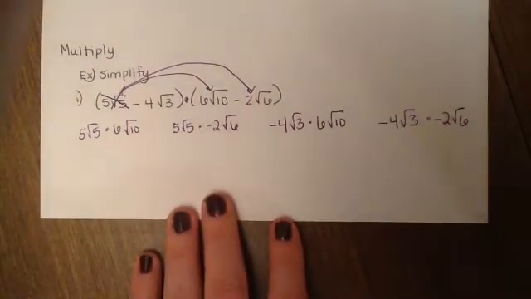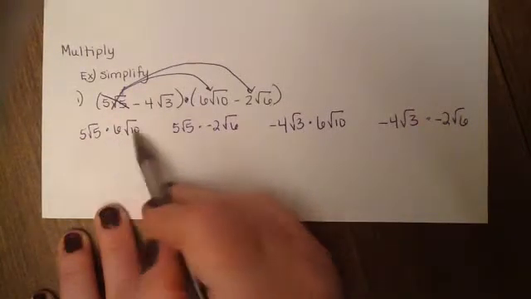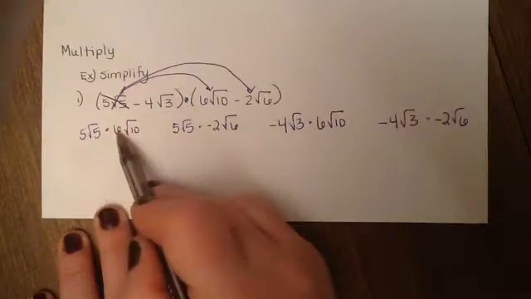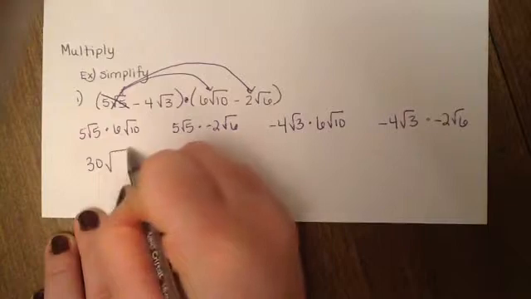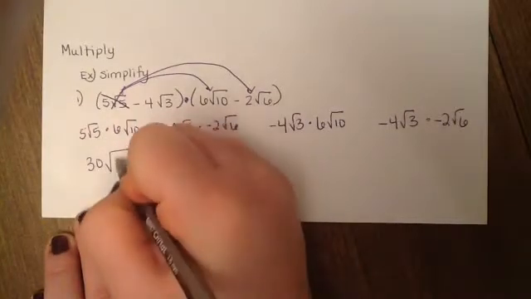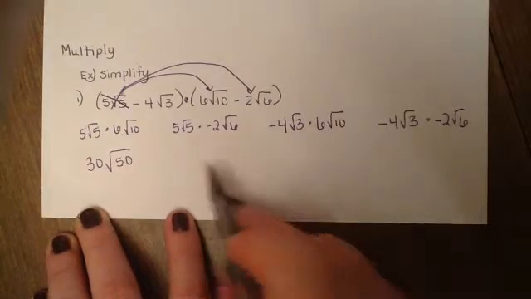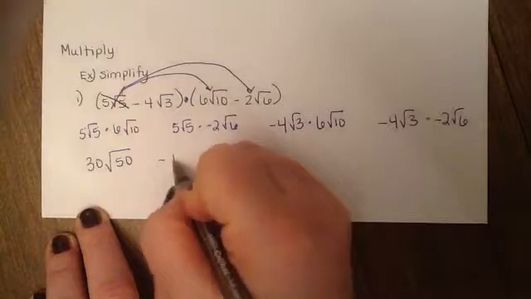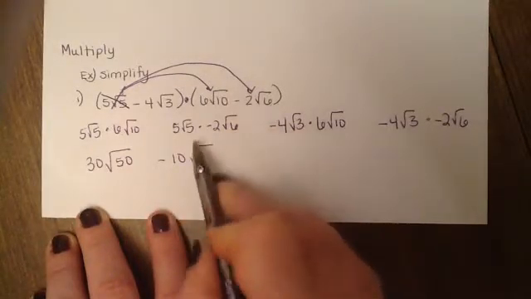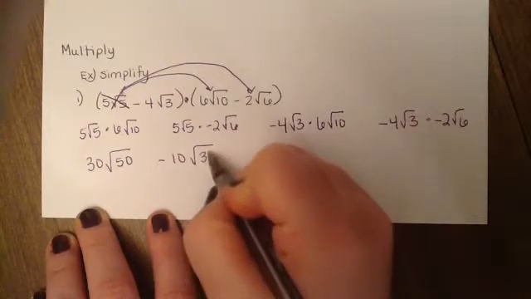We're going to go back and do a little bit of combining. So I'm going to multiply what's out front and multiply what's underneath. So 6 times 5, 30. 5 times 10, 50. I'm going to do the same thing here. 5 times negative 2. And underneath their square roots, 5 times 6, 30.